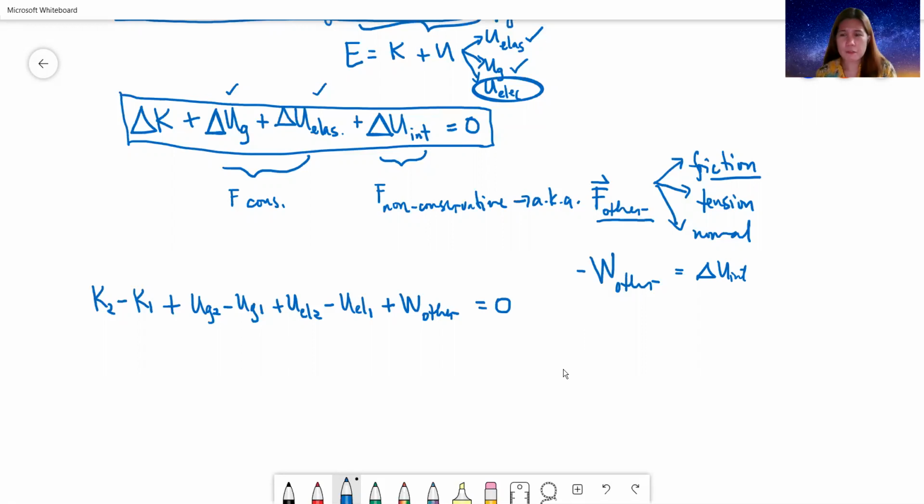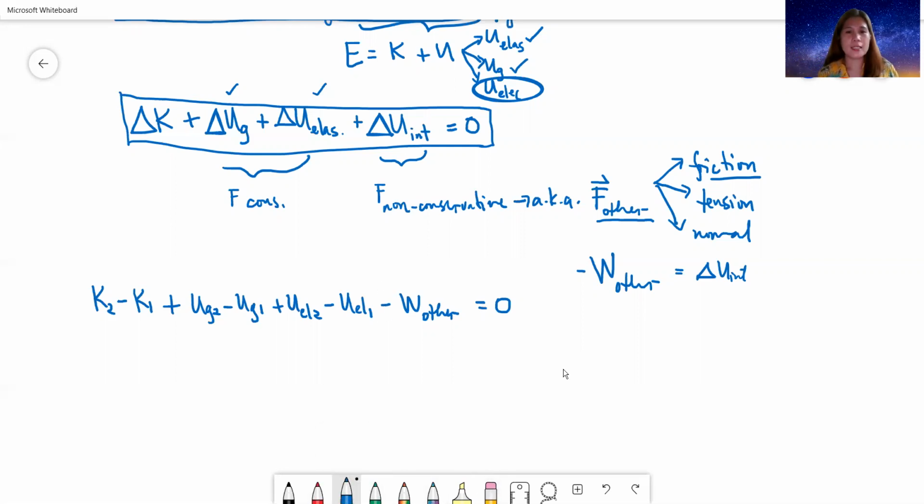The work done by friction is negative, yet it will increase the internal energy of the system because it will cause the two surfaces in contact to heat up. The work done by friction, as I think I've mentioned in earlier videos, is equivalent to thermal energy. It will make the system warmer. So it's a negative work done by friction, but an increase in the internal energy of the system. That's why you have the negative sign here. So let's put a negative here.